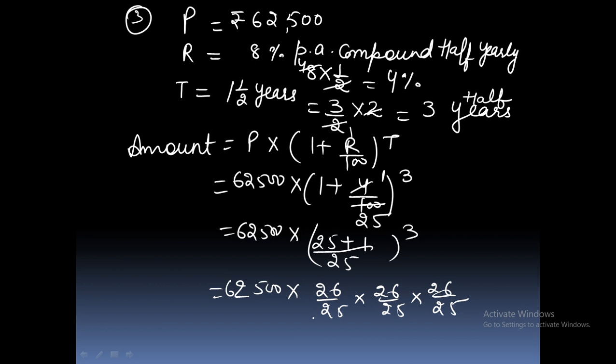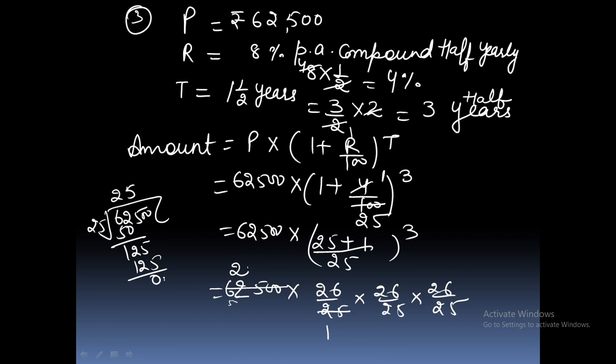Now cut this value. 25 2s are 50, 25 5s are 125, and these two zeros will be written.